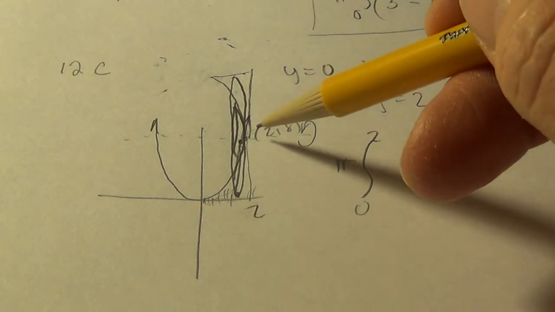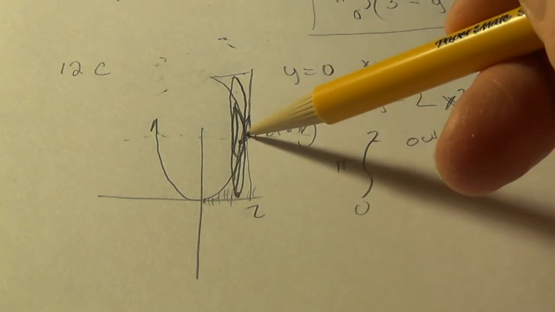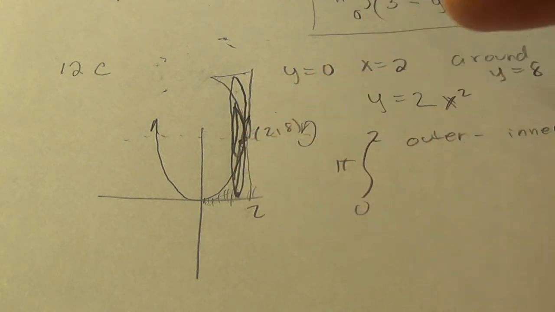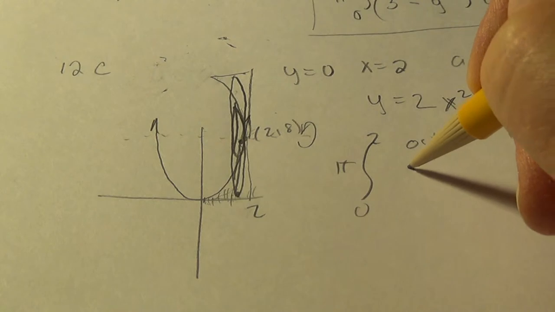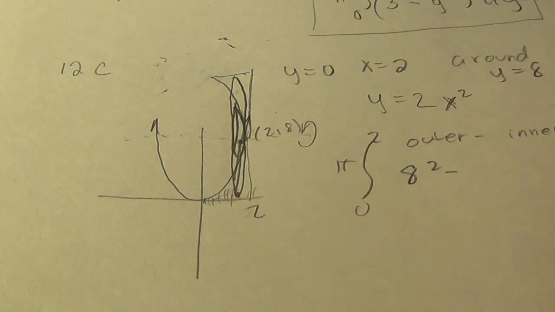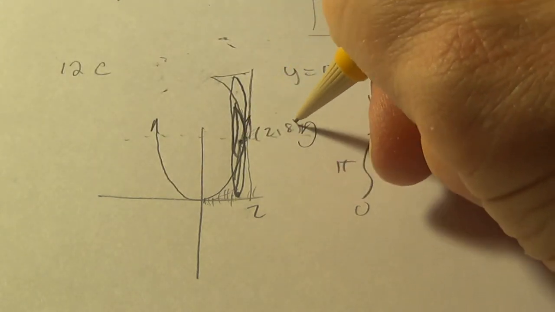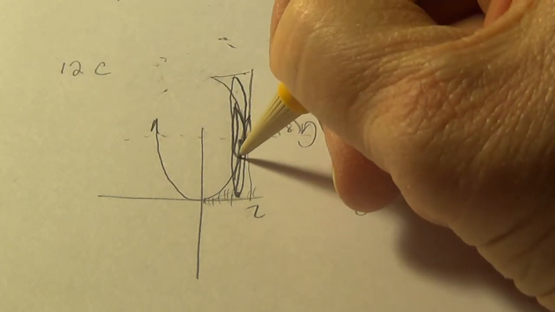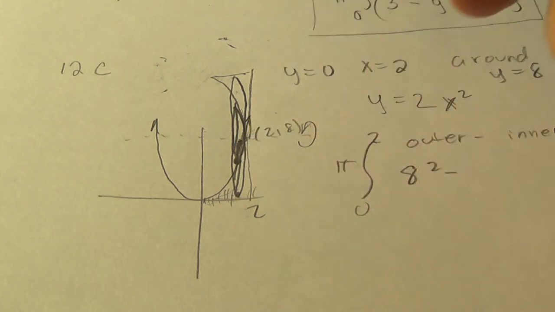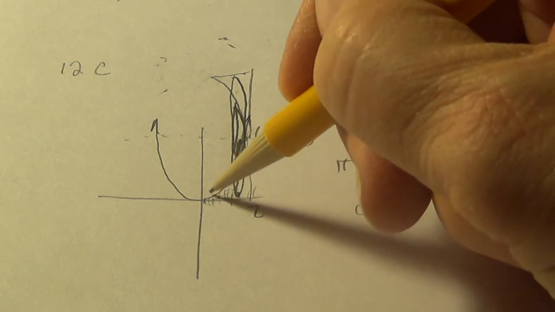So we go from y equals 8 down to y equals 0 for every one of those outer discs, so that's a radius of 8. Now the inner radius goes from the center, which is y equals 8, to the function right there, and that function's value could be anywhere along here.